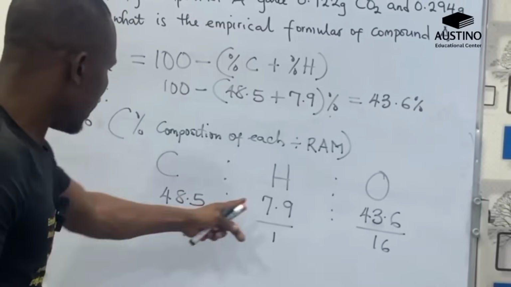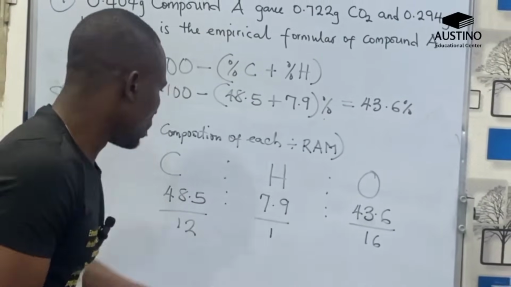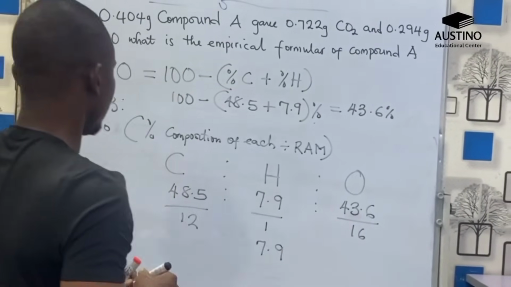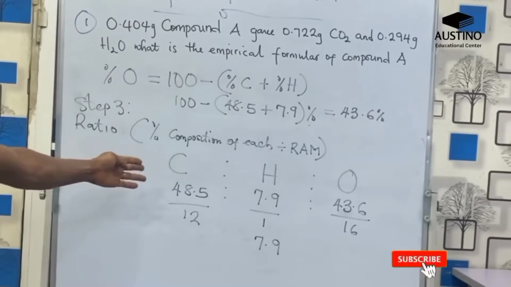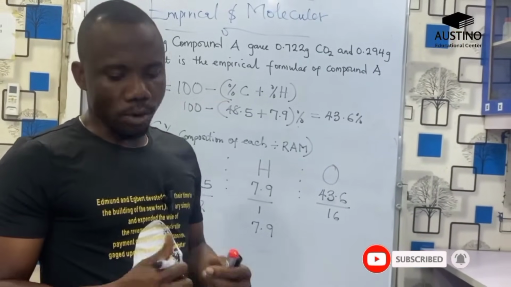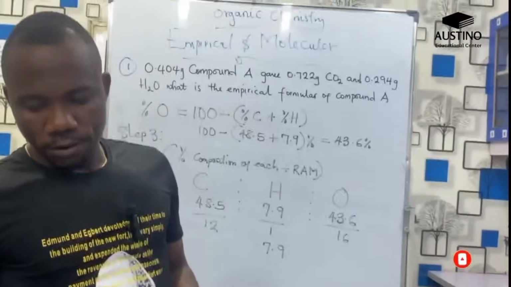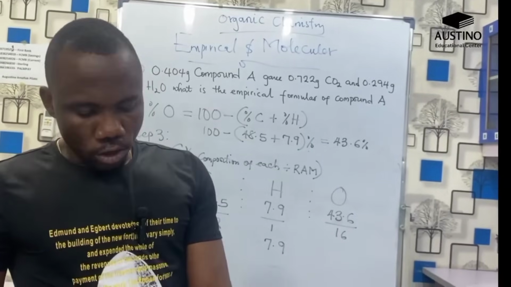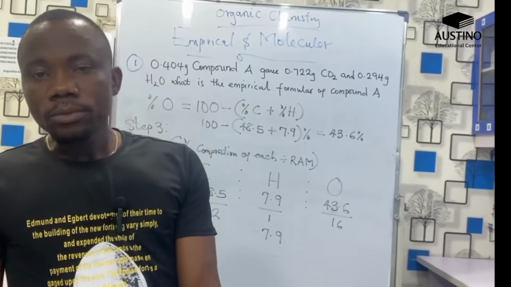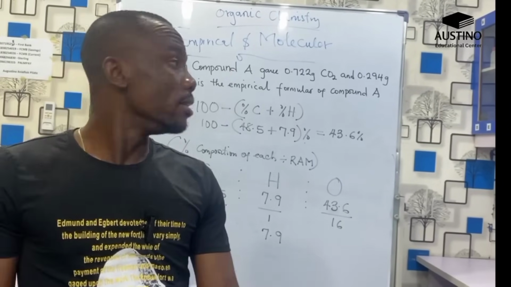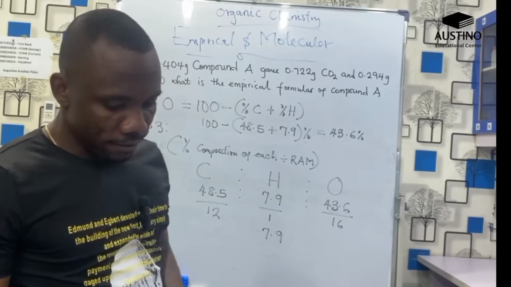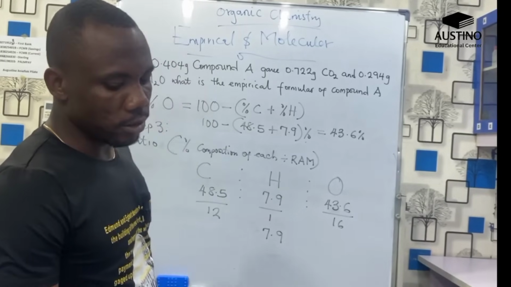If we go by this, we already know that hydrogen is going to give us back 7.9. 48.5 divided by 12, we will have 4.